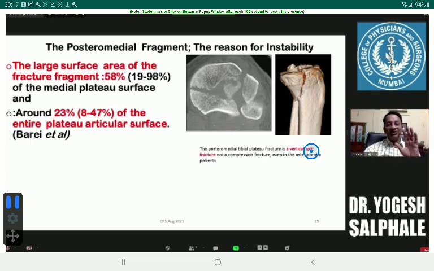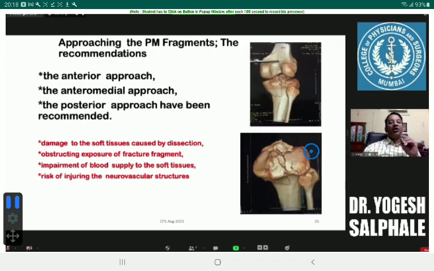So this makes it absolutely mandatory, absolutely essential to plate it, to buttress it. The posteromedial fragment is a vertical split fracture and not a compression fracture, even in osteoporotic bone. So this is a point you need to really keep in mind. Irrespective of the age, the posteromedial fragment always has a minimal amount of comminution, unlike the lateral tibial condyle.